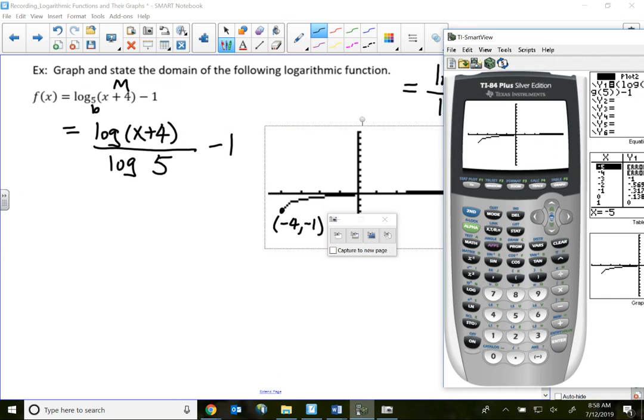All right, if I go to my table, oh, it says -3, -1, then 2, 3, 4.